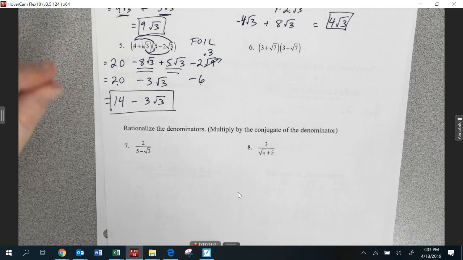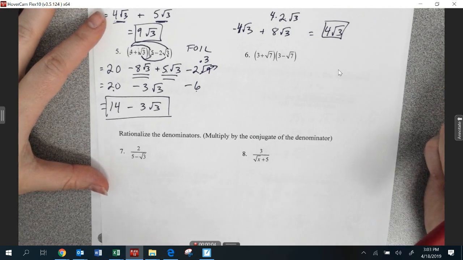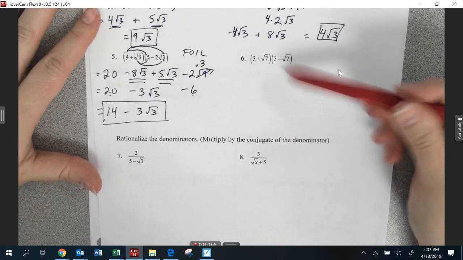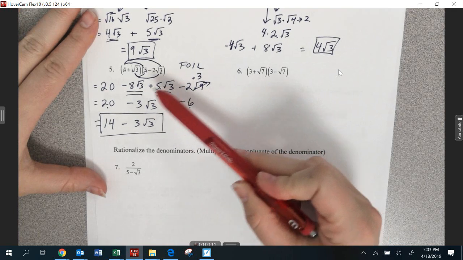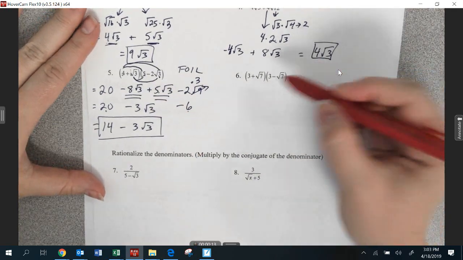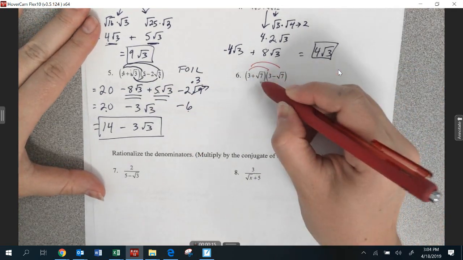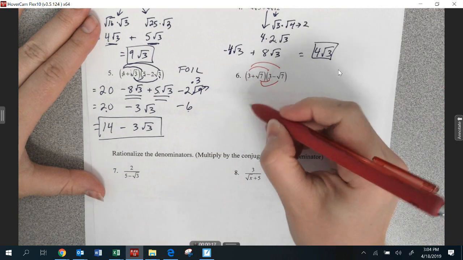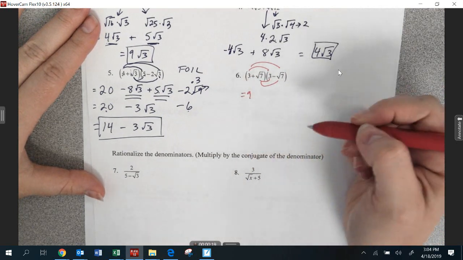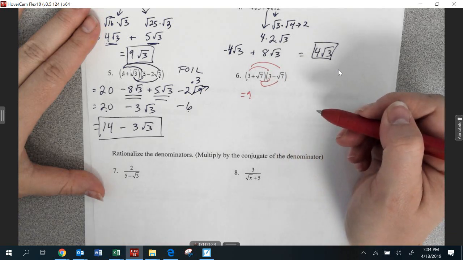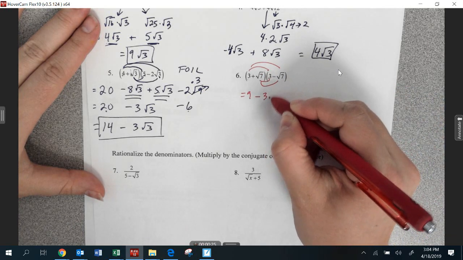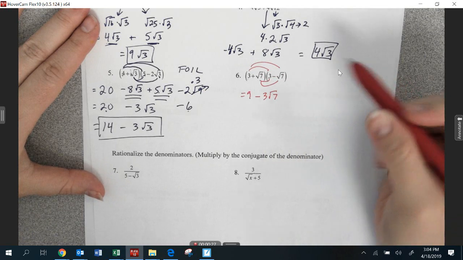So this video is going to pick up with example 6 here, which you've hopefully already tried, so I'm going to rattle this one off quick. If you recall, in example 5, we used FOIL, or distribution, to multiply. So I'm going to be multiplying 3 times 3 to get me 9. My outside terms would be 3 times negative radical 7, which would be negative 3 radical 7.